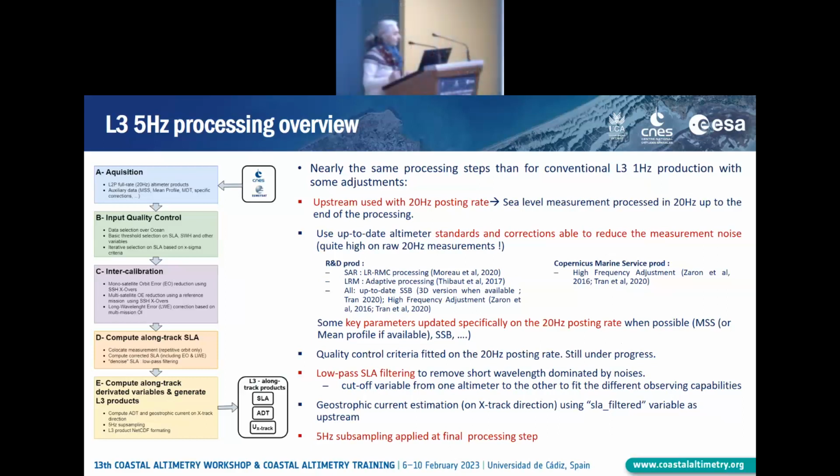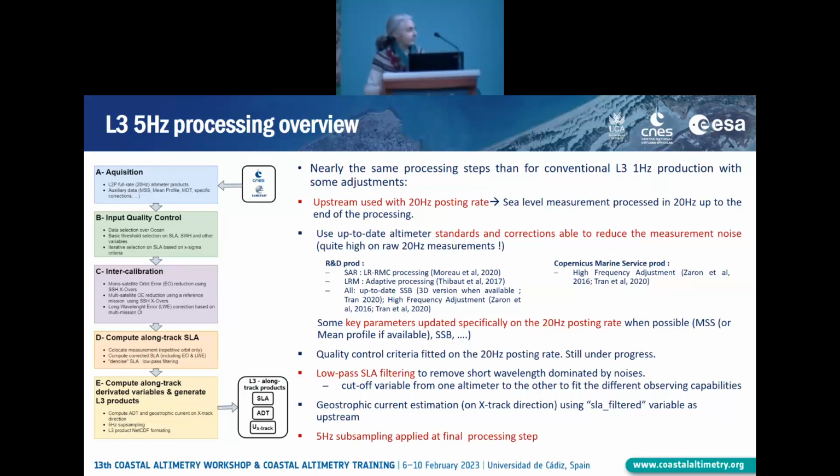We apply also different quality control criteria in order to reject what we consider as invalid measurements. And here, as we are working with the 20 Hz upstream product, we adapted the different criteria that we apply specifically for this posting rate. And then we apply low-pass filtering on the sea level anomaly with the aim to remove all the short wavelengths where the error, the noise, dominates over the signal of interest.